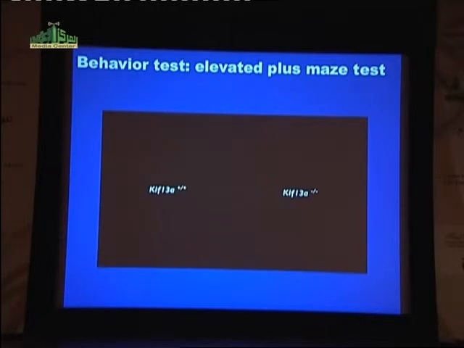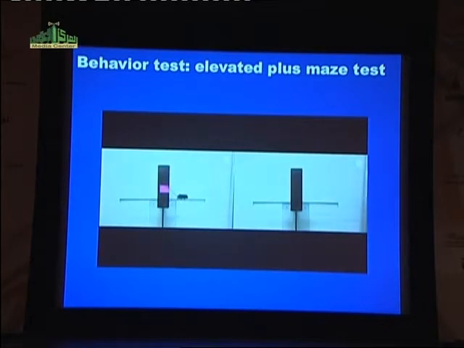In this test, there are two chambers, an open chamber and a dark chamber, vertical to this plane. This is wild type, this is a knockout mouse. The wild type mice frequently come to the open field, the bright field. But the knockout mouse likes the dark place.